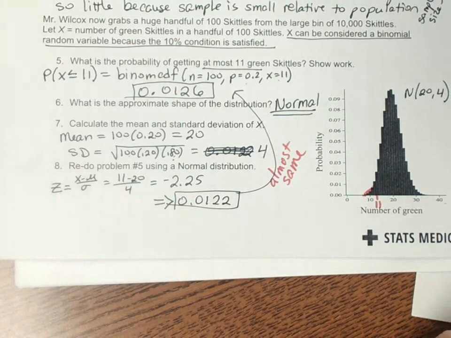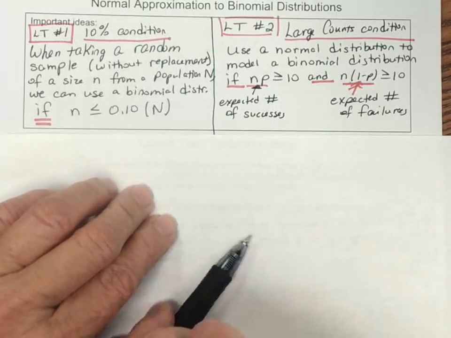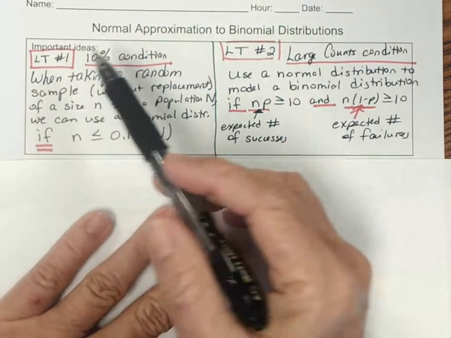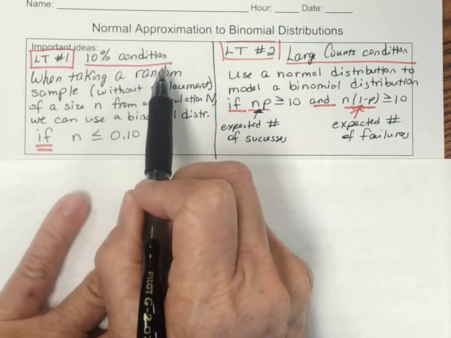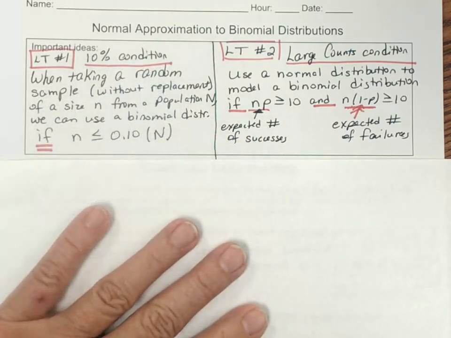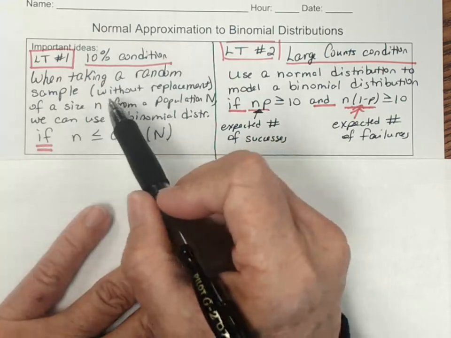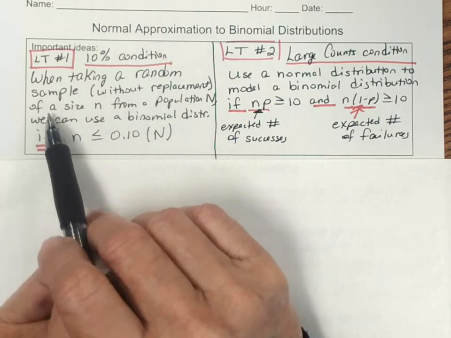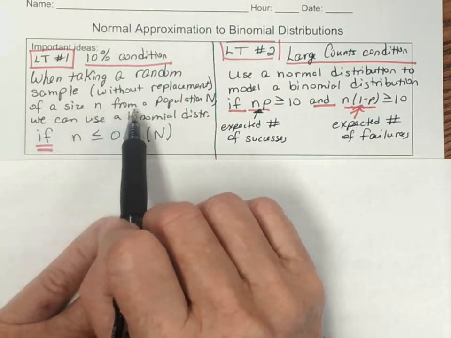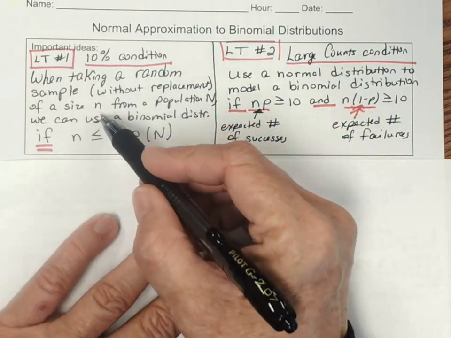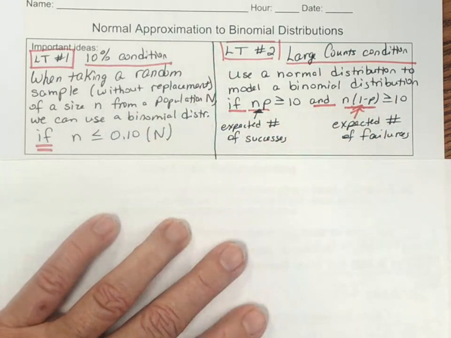Okay, so now let's take a look at the summary for today's stuff. On the back, I'm going to talk you through these. There are two different learning things. The 10% condition simply states that when you're taking a random sample without replacement, and oftentimes we can't do replacements, of a size little n from a population big N, the big N goes for the population, the little n is for your sample, because the sample is smaller than the population.